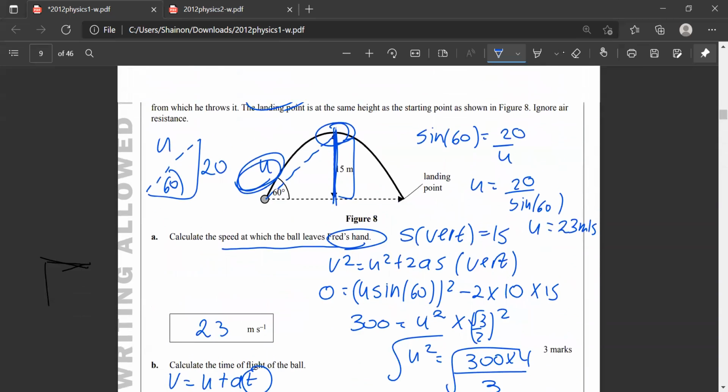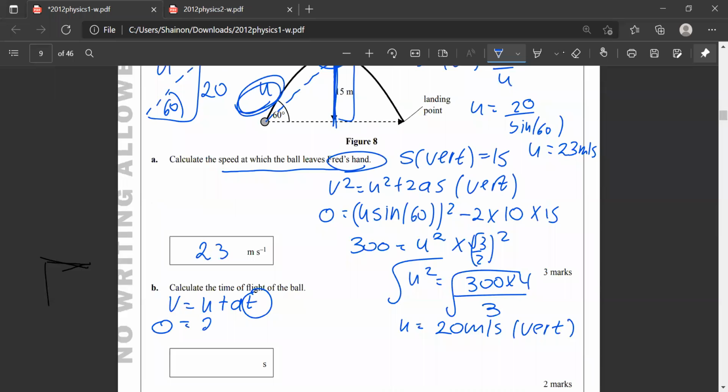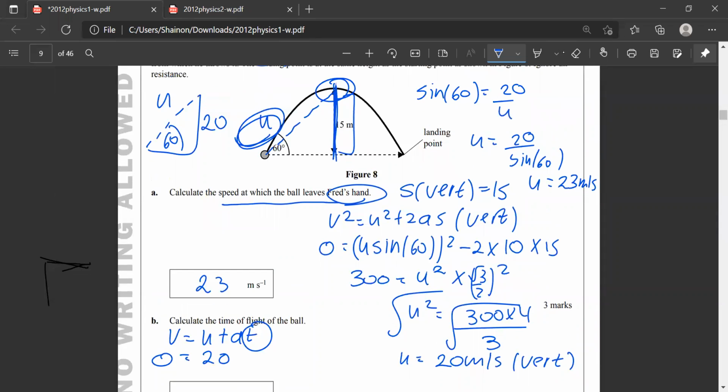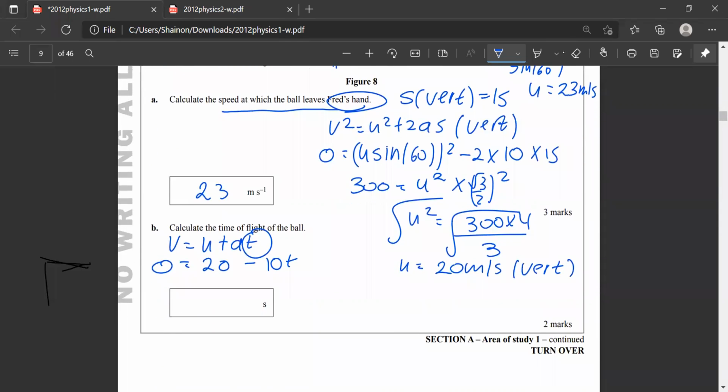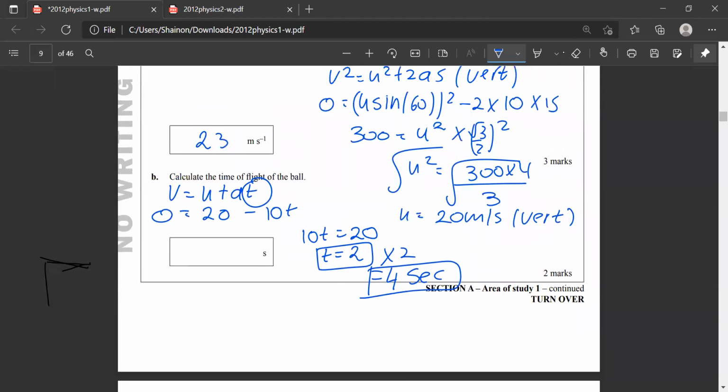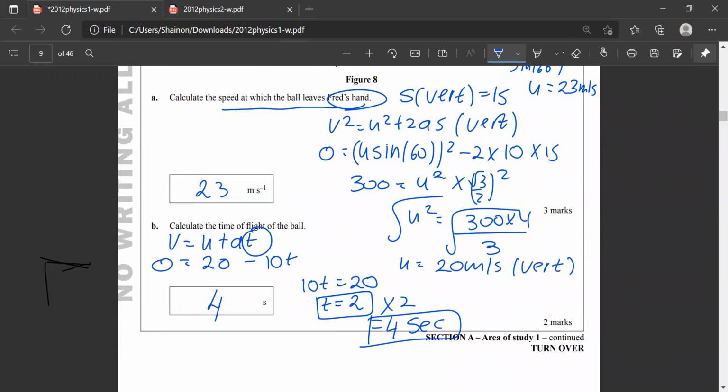Initial vertical is 20, and then minus 10t. This should be close, I'm pretty sure, to the answer.